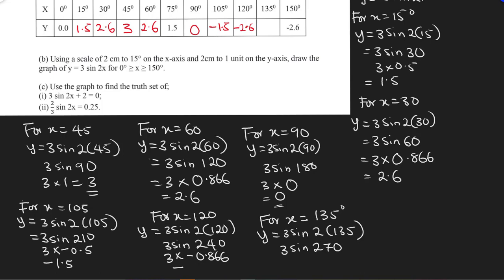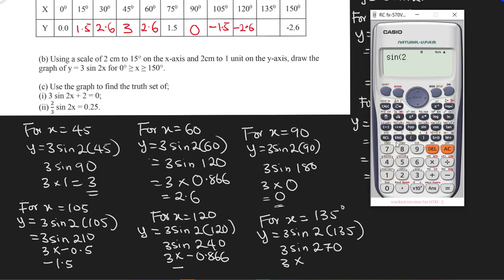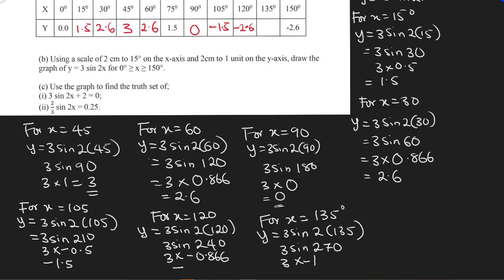So this will be 3 times sine 270, which is minus 1. Wow. So we have minus 1 here, and 3 times minus 1, of course, is equal to minus 3. So this is minus 3. Now this is the table.